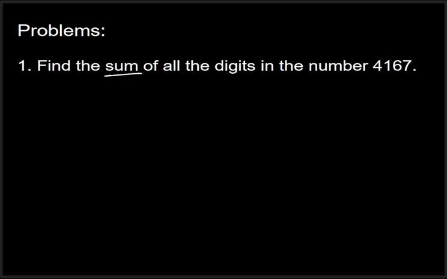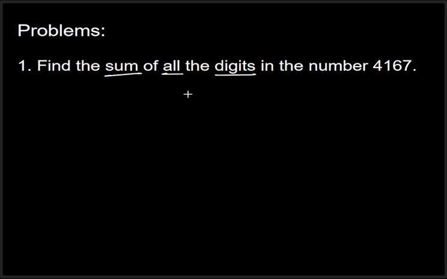Find the sum of all the digits, you have to take note of this. We are to find the sum. Remember, sum is the result of addition. So we are to add the digits to give us the answer we are looking for.